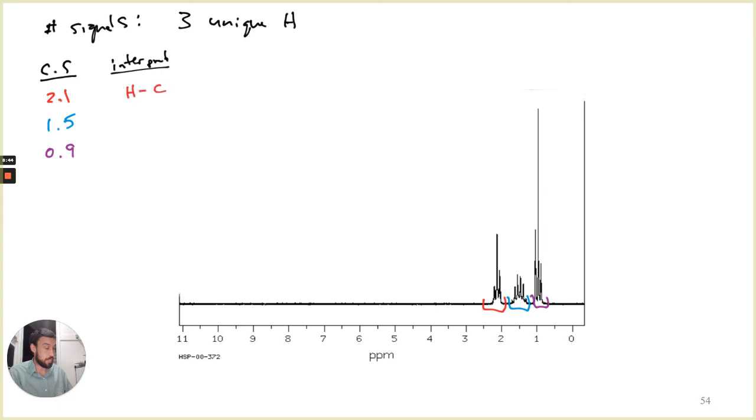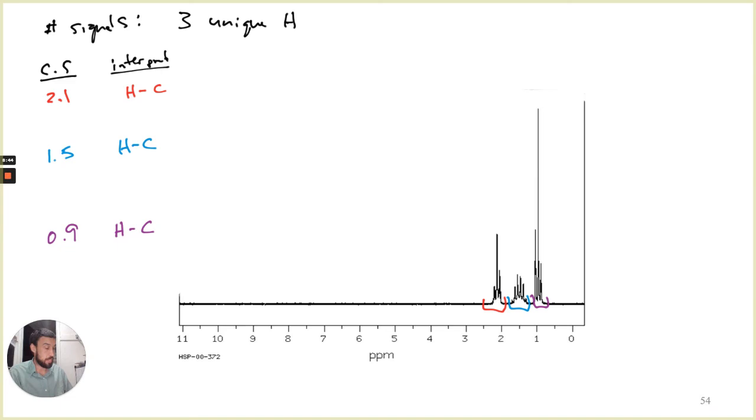Hydrogen to carbon, probably likely, but it could potentially be a little bit thin on evidence for that at this point. So you might put that as a question mark. The 1.5 is definitely within that range. I would say a solid guess there is calling that as a hydrogen to carbon, and the same for the purple one.